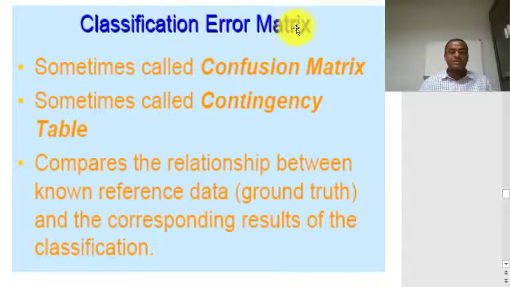Error matrix can be defined as a table which compares the relation between known reference data or ground truth and the corresponding result from the classification. It's a crosstab which compares the result from ground truth and the result from your classification.